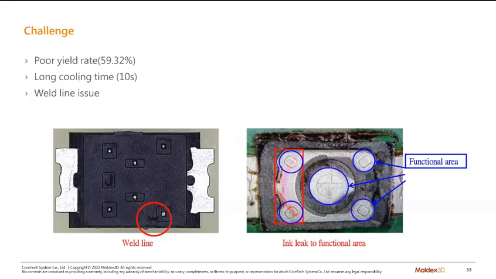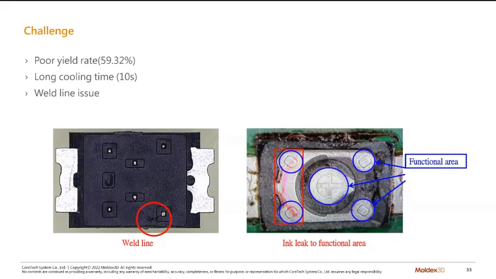Okay, so in this case, the real problem is not really the weld line. The problem is the weld line leads to some kind of crack or gap on one side of the part, and they have to hire an operator to do some checking process.